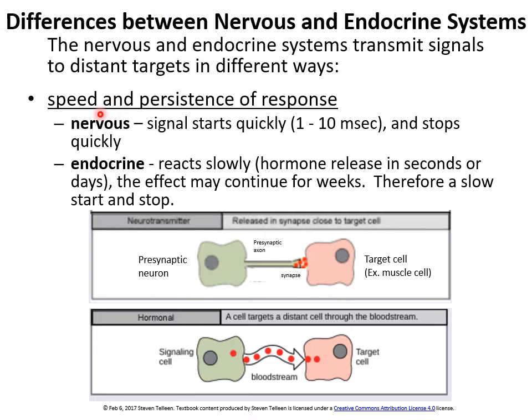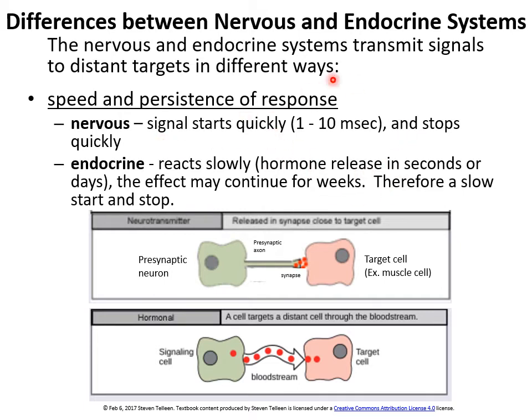If a target tissue is responding to a nervous signal, where there was say, for example, an action potential in a motor neuron that then activated a muscle cell at a neuromuscular junction, the automatic response of that muscle cell is going to be quite prompt.